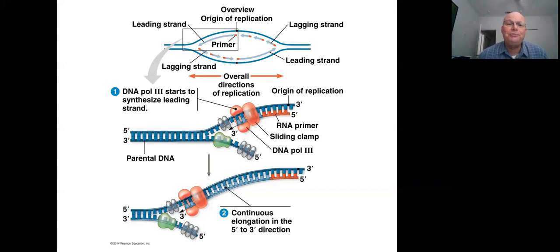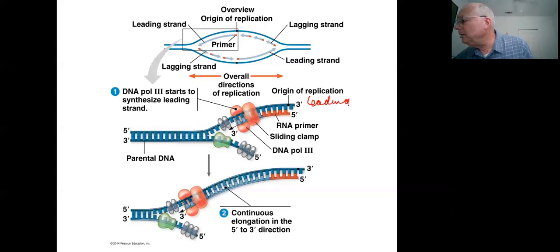And it continues to read the leading strand in the 3' to 5' direction, so long as helicase keeps opening up the replication fork. So as far as the leading strand is concerned.